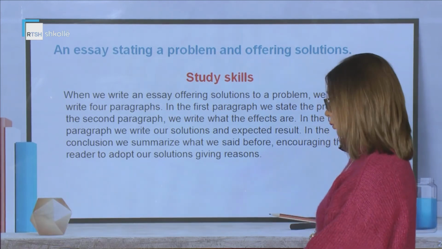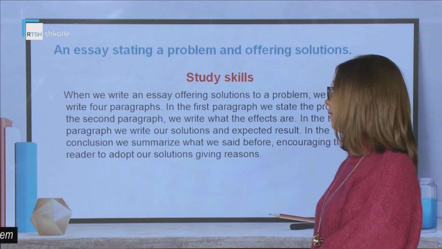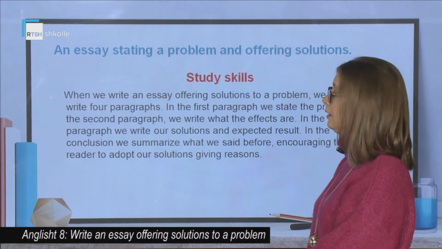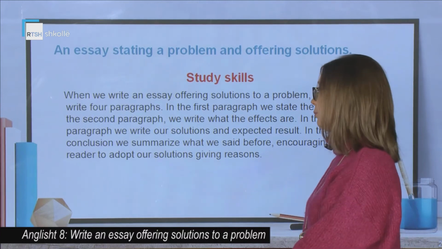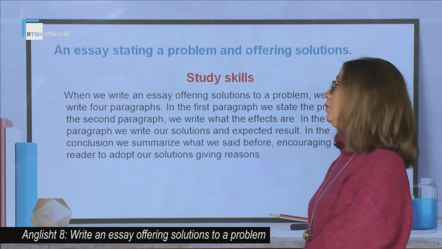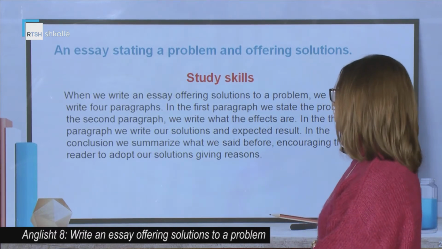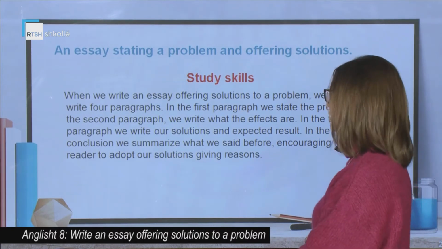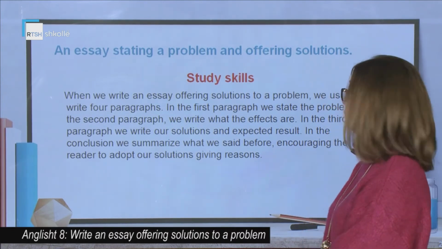In the conclusion, the last paragraph, we summarize what we've said before and encourage the reader to adopt our solutions, giving our reasons. So this is what we should keep in mind while we write an essay offering solutions to a problem.